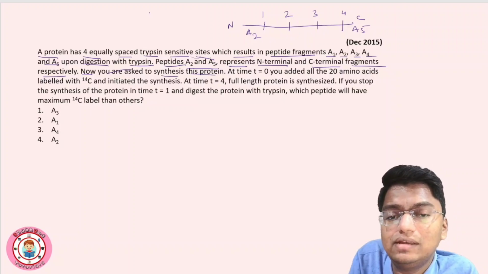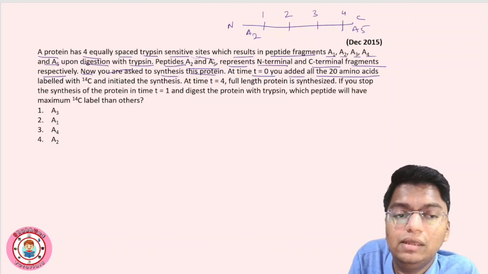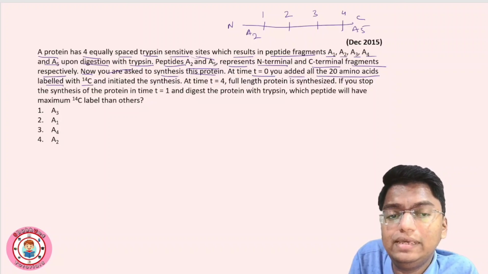Okay, synthesize करना है protein का at time t is equal to 0, मतलब starting में you added all the 20 amino acids, right? 20 amino acids हमने add किए, labeled with 14C, कार्बन को label किया है and initiated the synthesis. Okay, at time 0 this is happening.